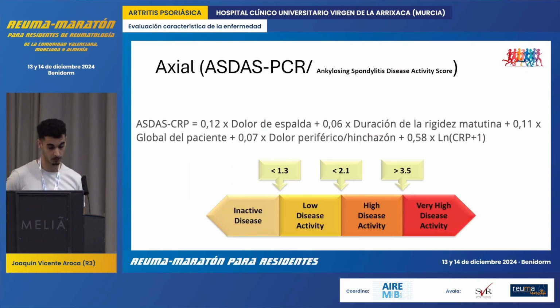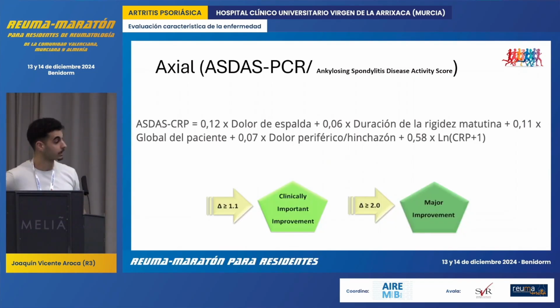This will give us a value. Where below 1.3, we consider the disease to be inactive. And then, based on the following ranges, we talk about low activity, high activity, or very high activity. And it doesn't stop there. There are even references to decreases of more than 1.1 points or decreases of more than 2 points, which indicate a clinically significant change or an even more significant one.